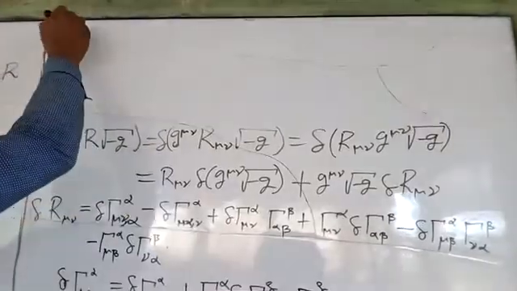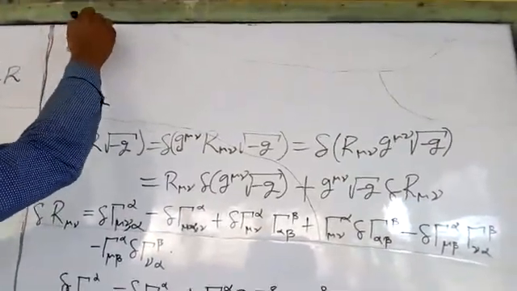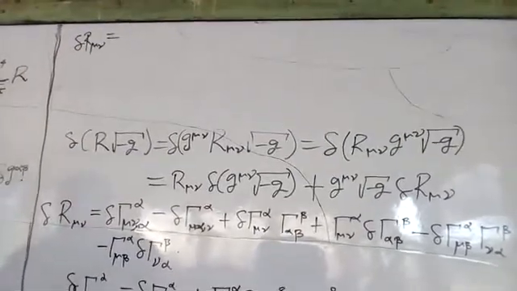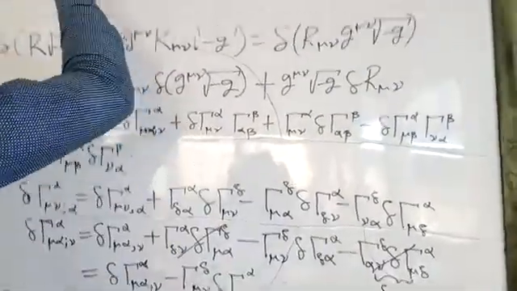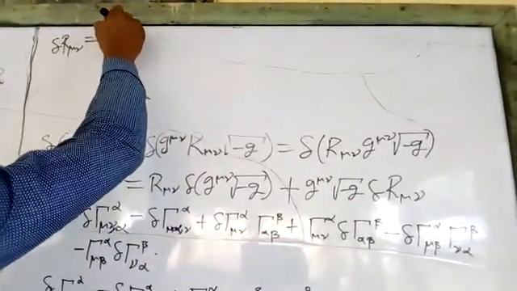So it therefore means that the variation of r sub mu nu is the same thing. So in place of this, I'm going to write out all the expressions responsible, or all the expressions that could be used to replace that.